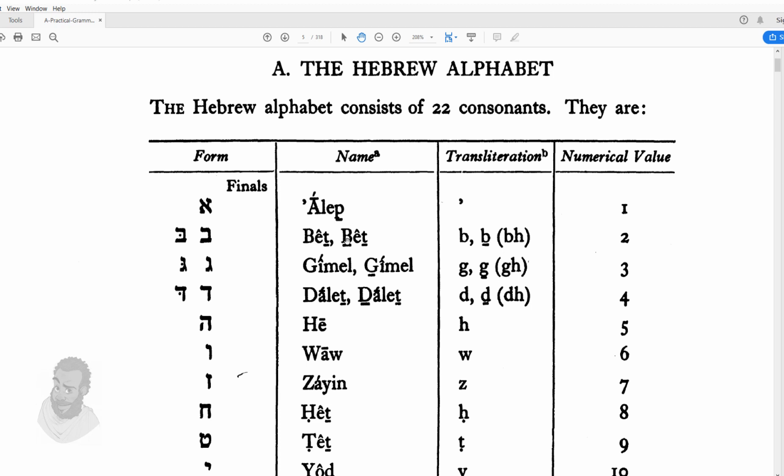This is Beth. This is Veth, as in the fricative.